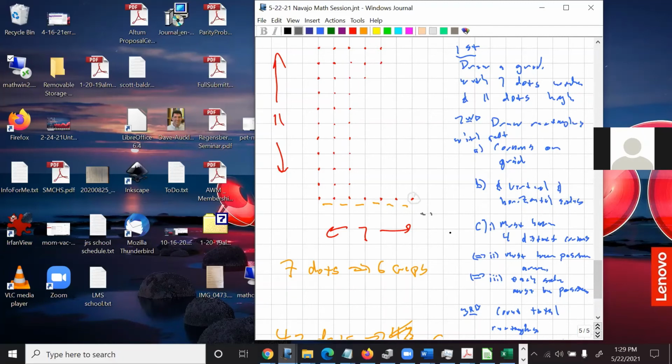And so why does this 7 gaps here and 10 gaps here tell us anything about this problem? So there's 60 1 by 1.